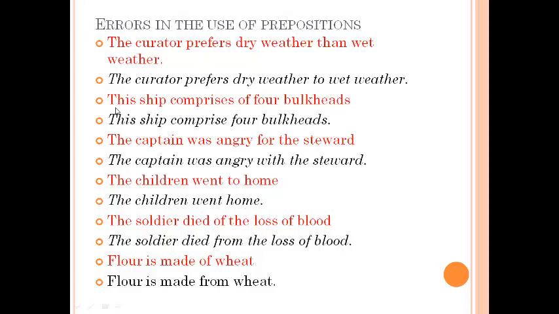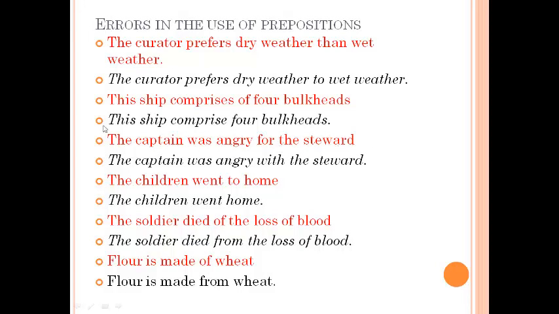Second one: "This ship comprises of 4 bulkheads." See, what is the condition here? The word comprises does not take a preposition. Whenever we use comprise, there should not be a preposition. That's why in the corrected sentence, after comprise there is no of. It is omitted. The third one: "The captain was angry for the steward."